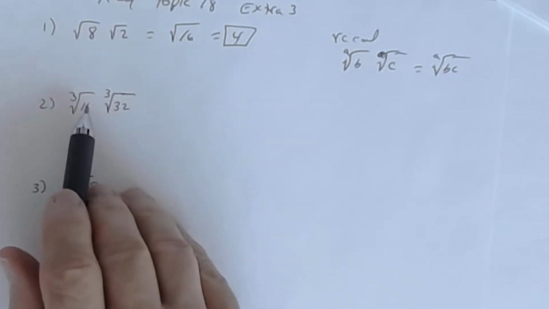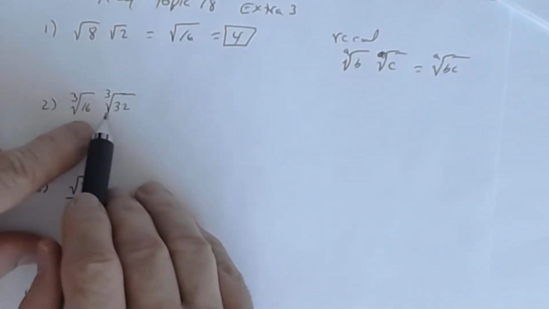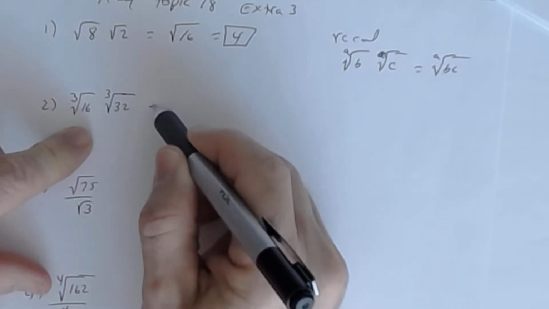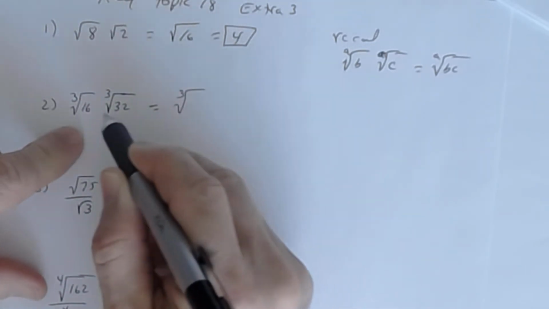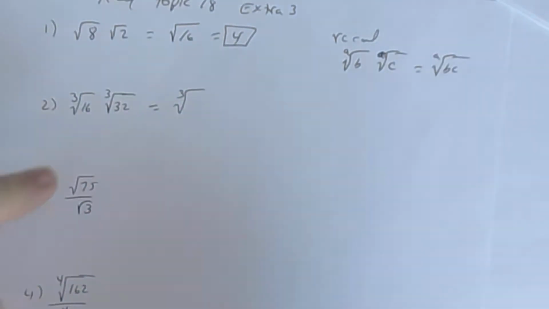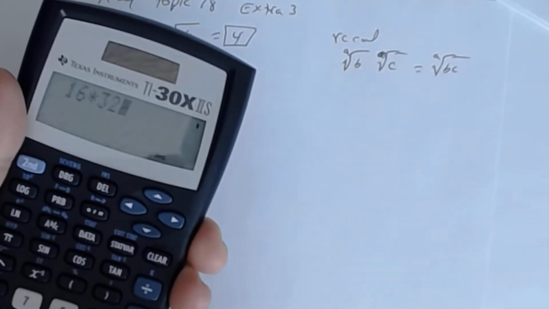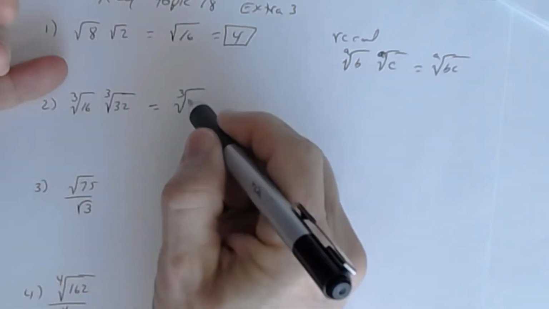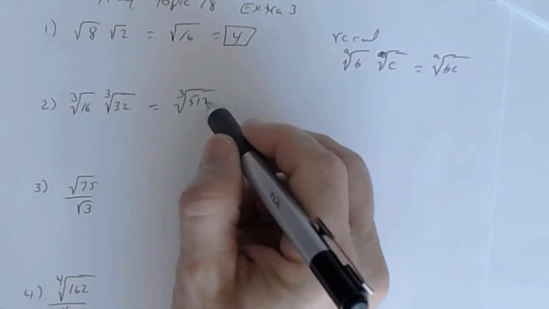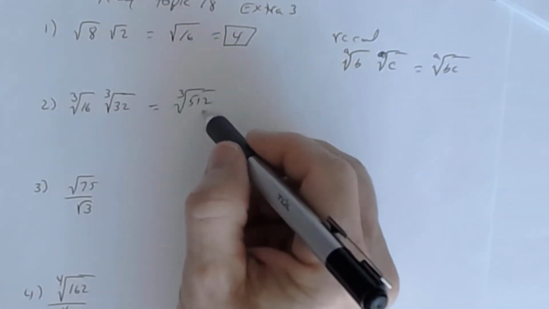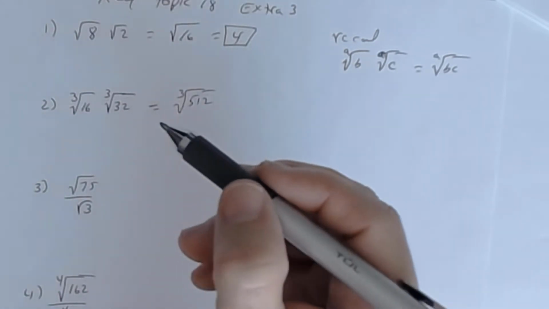Same thing here. Now this may be a little bit more complicated because these numbers become larger. So I get the cube root of 16 times 32, and 16 times 32 gives us 512. Now what you're going to figure out is, is there a whole number times itself three times that's 512?